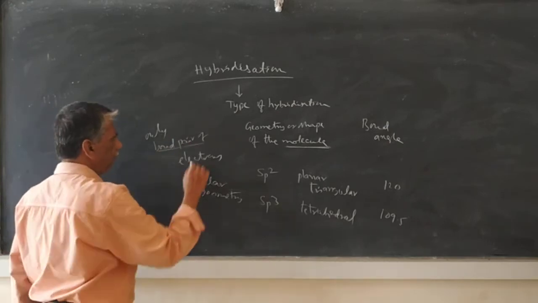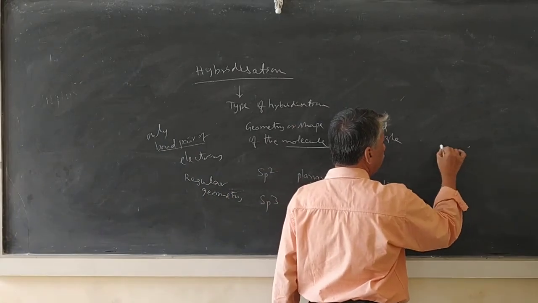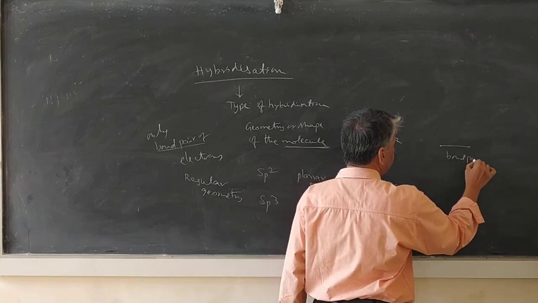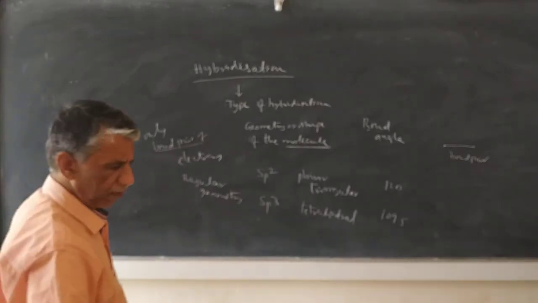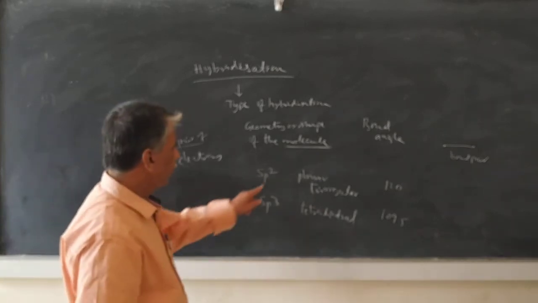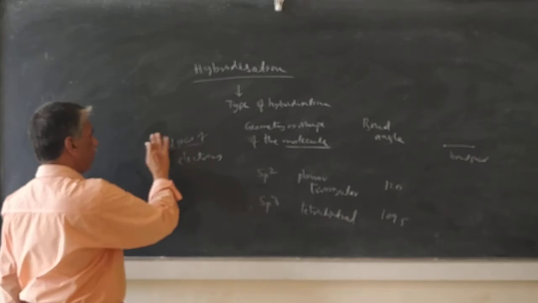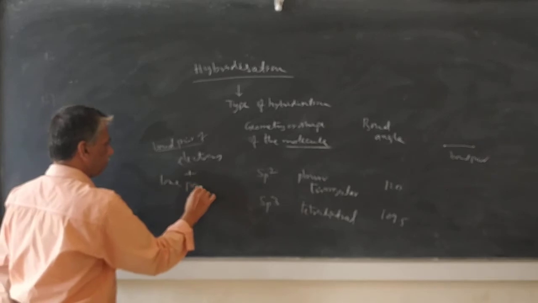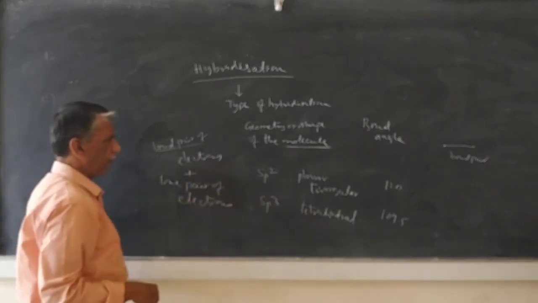What do you mean by bond pair of electrons? The electron pair which is involved in the formation of a bond is called a bond pair of electrons. In some cases, the molecule consists of bond pair of electrons plus lone pair of electrons.